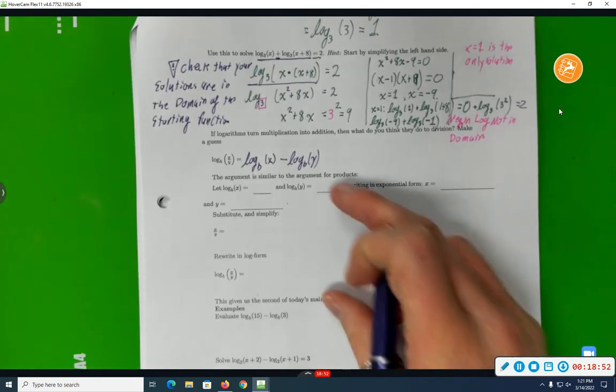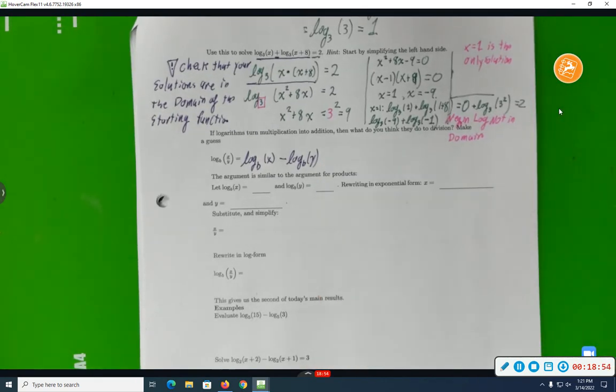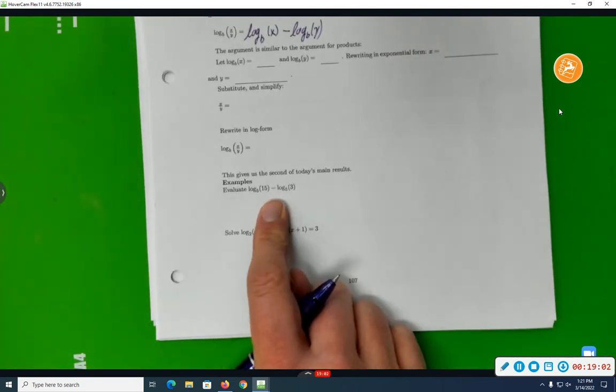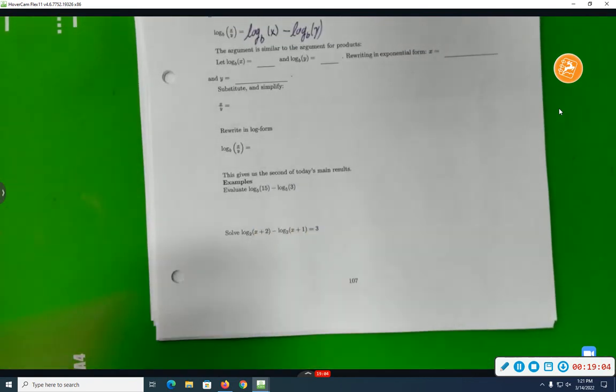So instead of going through the derivation, which will be basically the same as what we did to get the formula for products, let's use it instead. Let's try to compute log base 5 of 15 minus log base 5 of 30. Again, 15 isn't a power of 5, so I can't directly compute log base 5 of 15. 30 isn't a power of 5, so I can't directly compute log base 5 of 30. But what will log turn that subtraction into? Division.